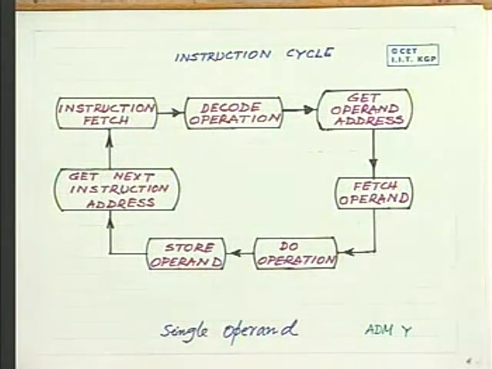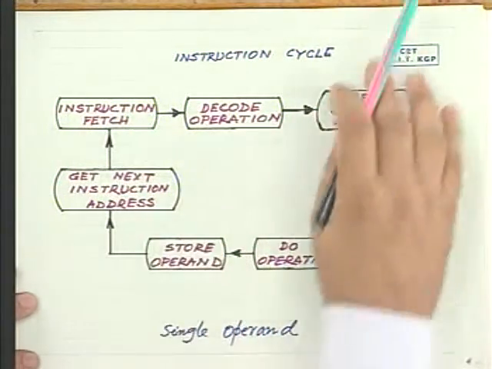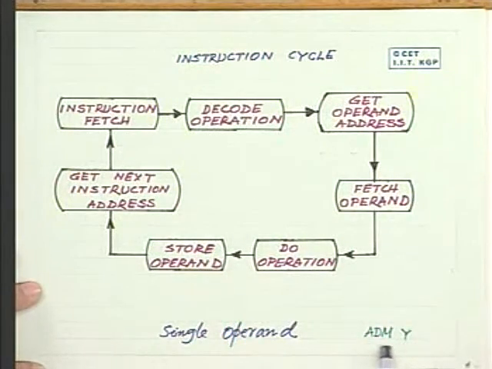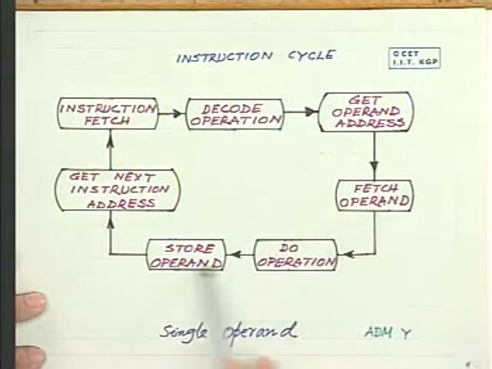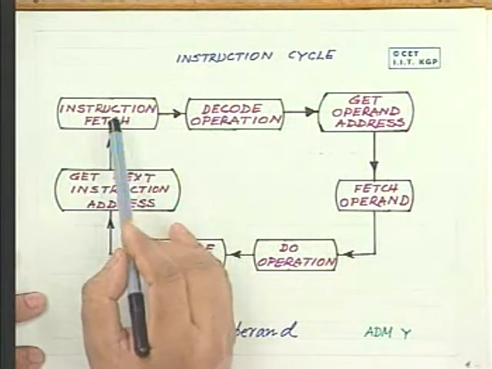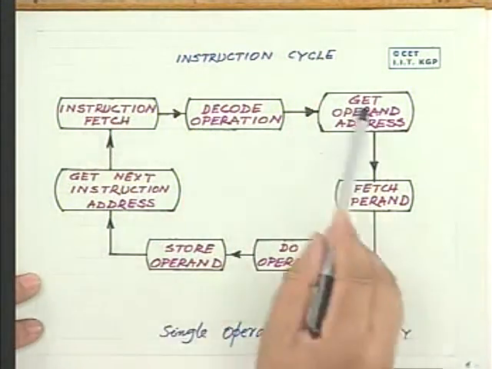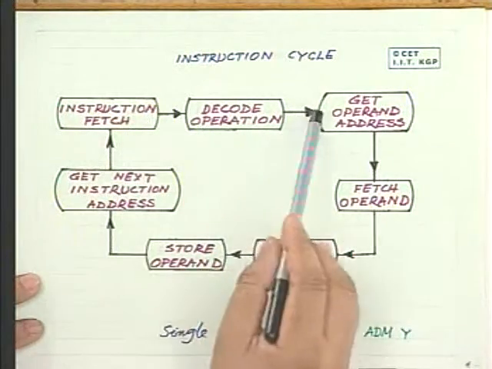So you see that this instruction cycle, typically for the add memory Y that we have shown, is a typical instruction cycle that the computer goes on executing one after the other, right?